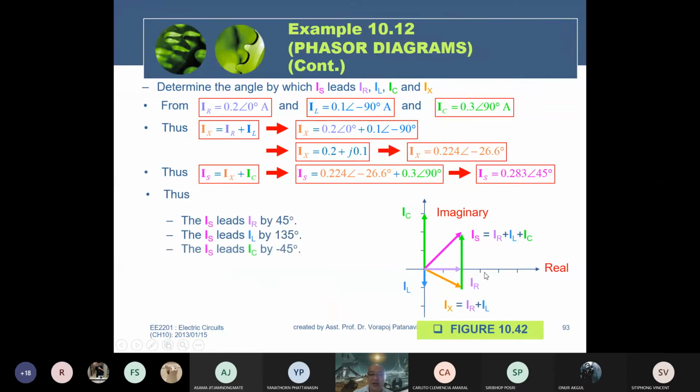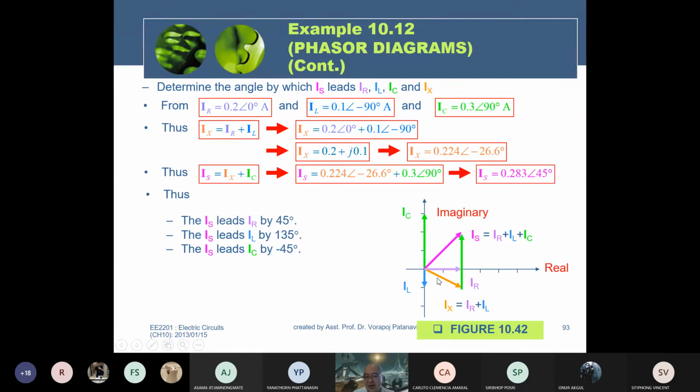For the summary, in this case, you can see that IS leads IR by about 45 degrees. IS is here. IS leads IL by 135 degrees.